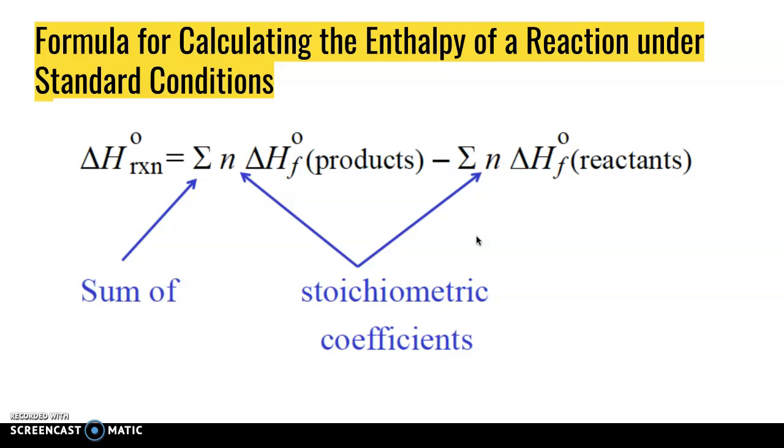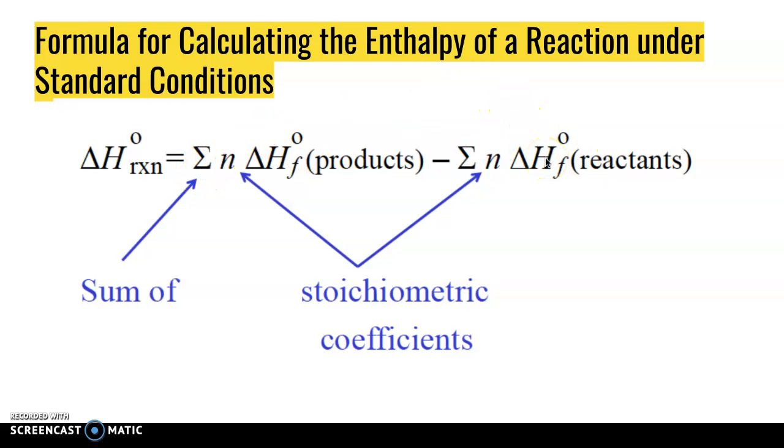For products, when we take those elements as they most commonly exist under standard conditions and put them all together to form the products of the overall chemical reaction, the step is exactly the same, so we don't need to change the sign. The heat of formation equations for products are not being flipped, so we do not change the sign. So that's why we are subtracting reactants from products.